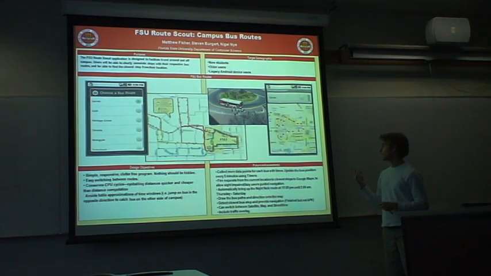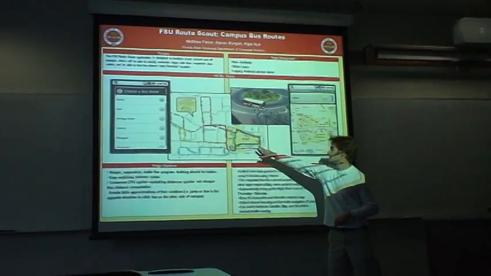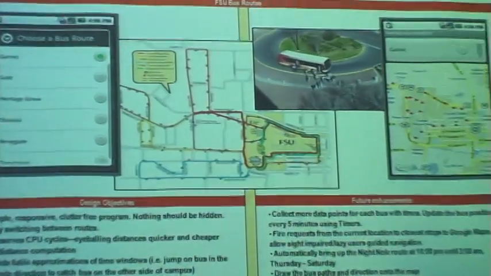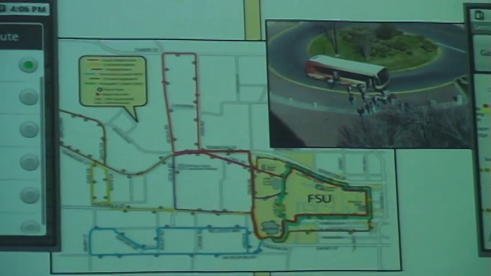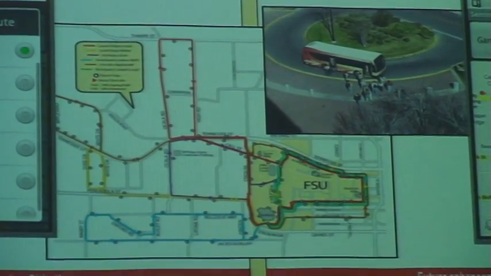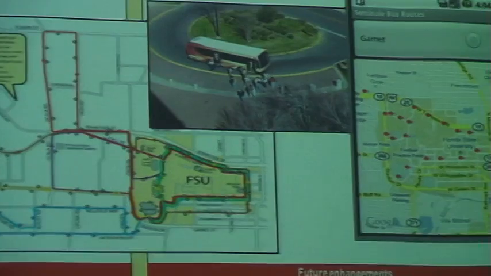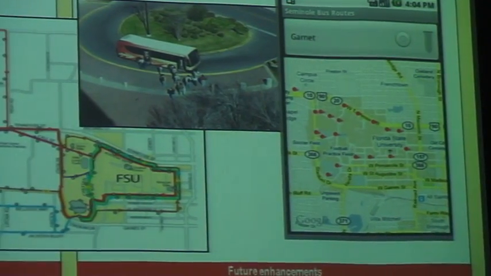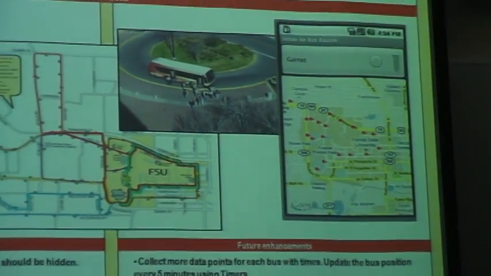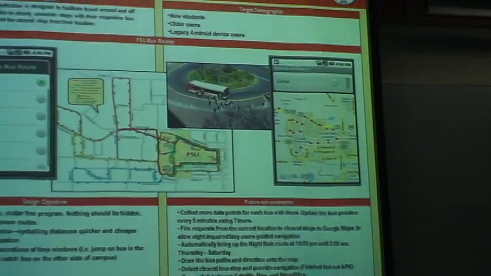We have all the routes like this, but we have the raw KML files with all the GPS points, and we have thousands of GPS points per route. So we needed to efficiently put that in.